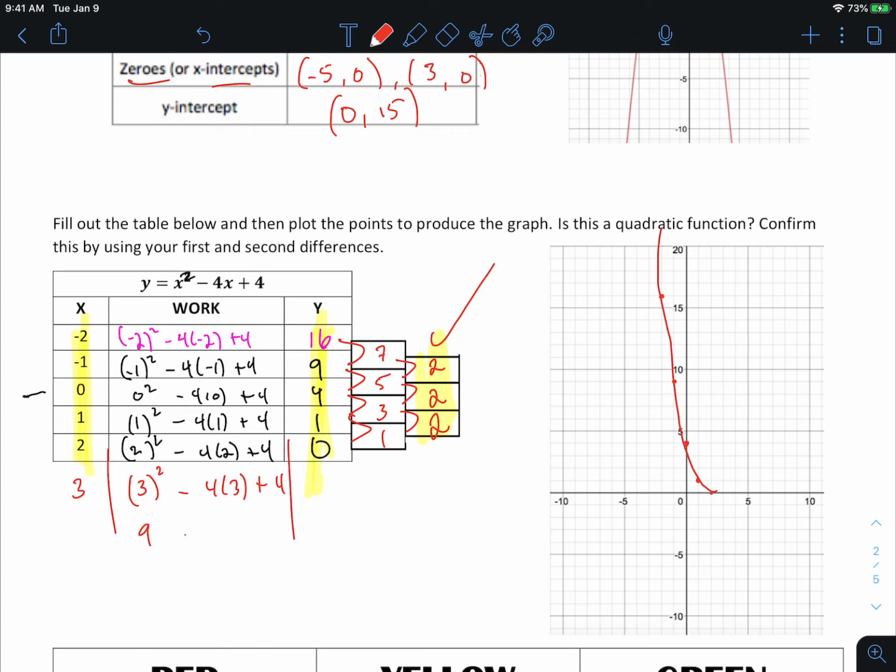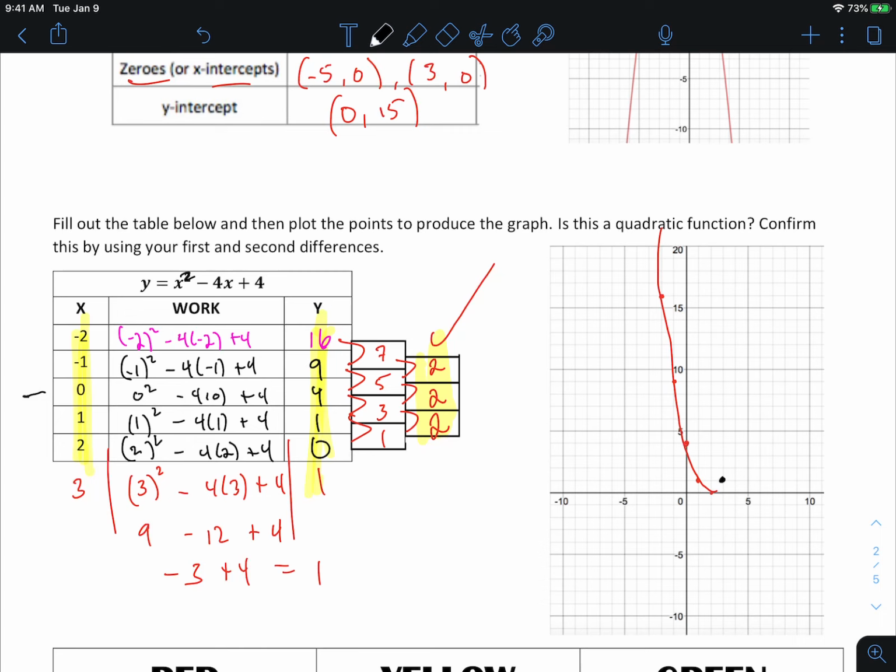Well, this is going to be 9 minus 12 plus 4. 9 minus 12 is negative 3, and then plus 4, so it'd be 1. I was right. Okay. So now we get to plot that point, right? 3, 1.